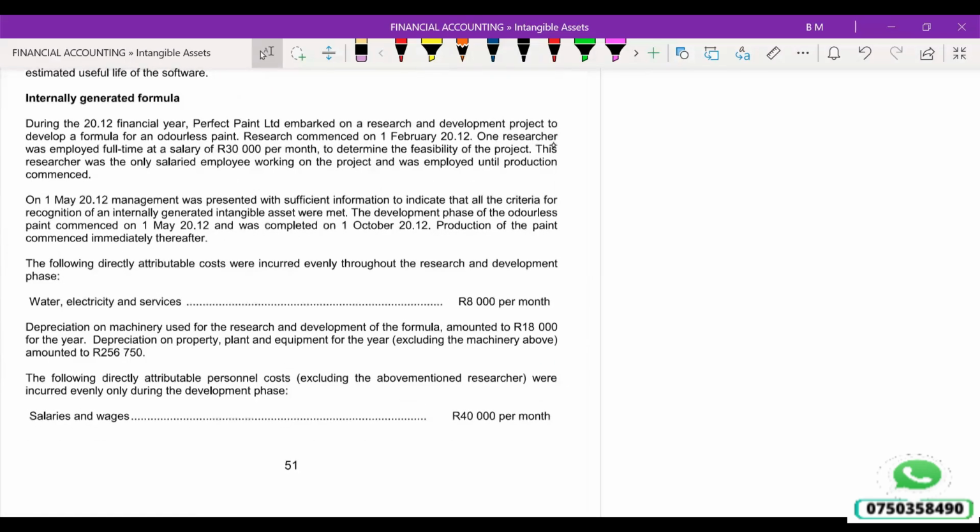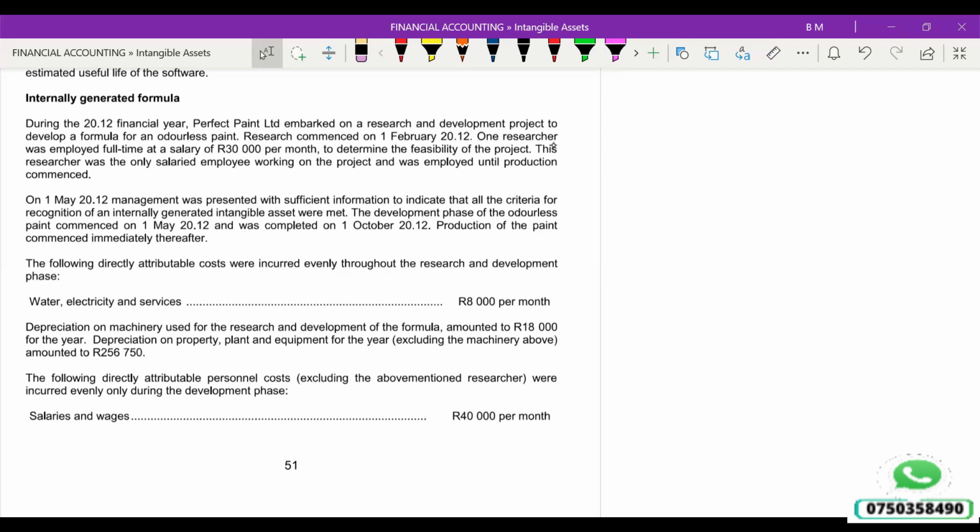They say during the 2012 financial year, Perfect Paint embarked on a research and development project to develop a formula for an odorless paint. I wanted to do a paint that doesn't smell that bad, if I'm right. Research commenced on 1 February 2012. So they started researching on it on 1 February 2012.